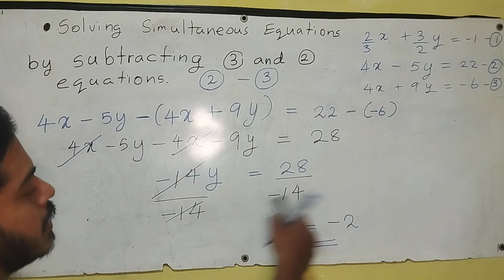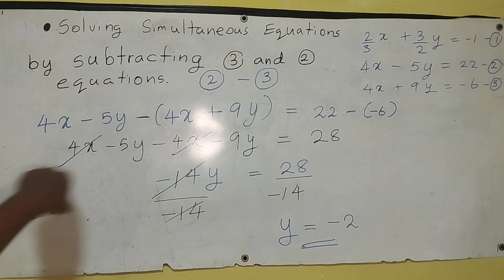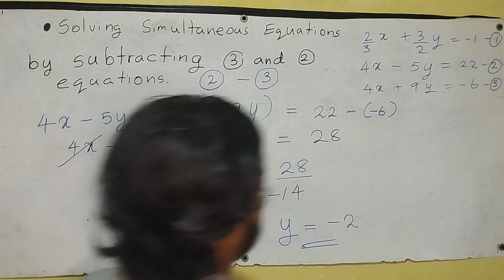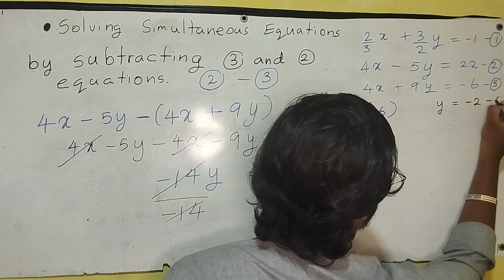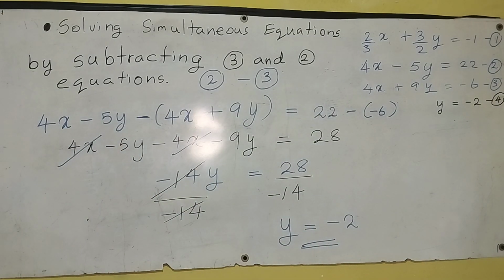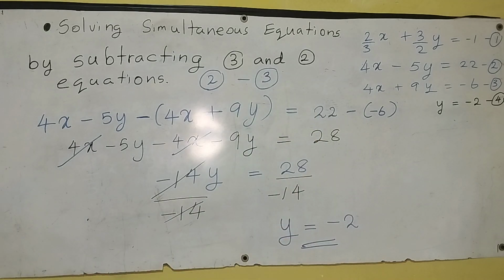Plus divided by minus. Here I found the y value. I will write it: y equal to minus 2. This is the fourth equation. Now I am going to erase this.